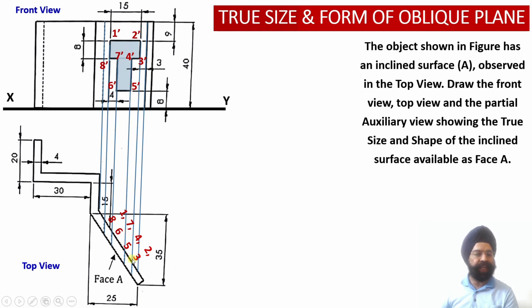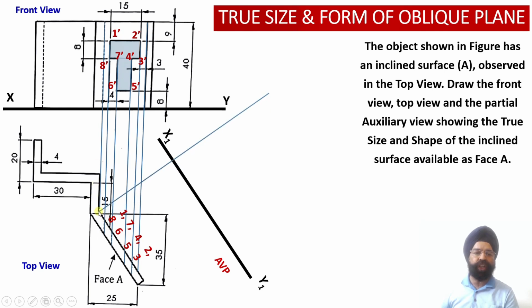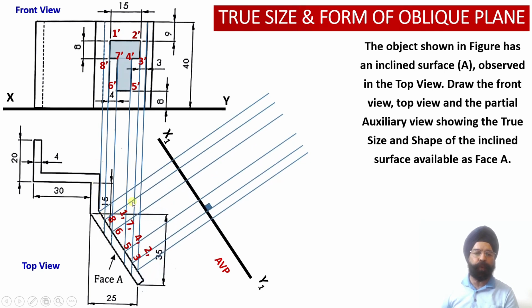So having obtained these 8 points on the edge view, now we have to draw an auxiliary vertical plane x1y1 which happens to be parallel to this edge view, that is the edge view of the face A. Now once we draw this auxiliary vertical plane parallel to this inclined edge view of the surface, we need to draw the projectors from the various points onto this auxiliary plane.